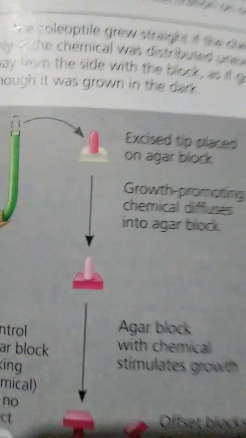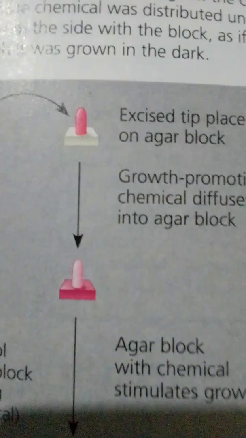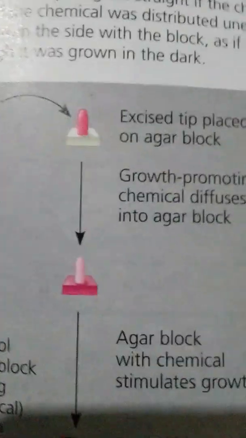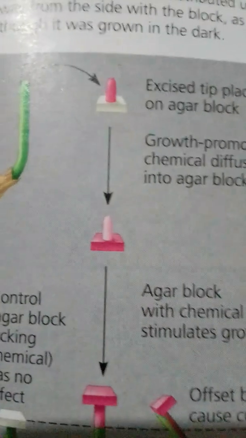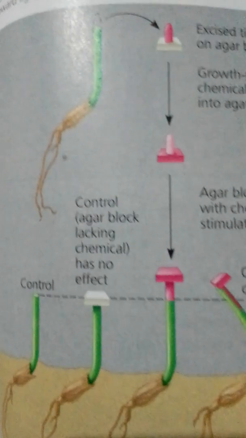On a control coleoptile, he placed a block that lacked chemical. On others, he placed blocks containing the chemical either centered on top of the coleoptile to distribute the chemical evenly, or offset to increase the concentration on one side.